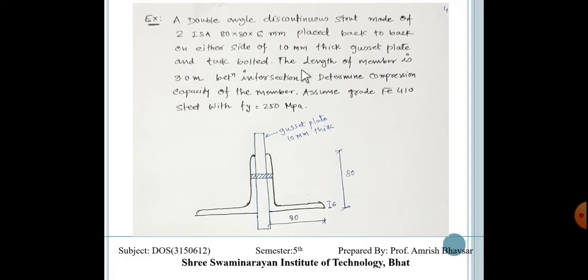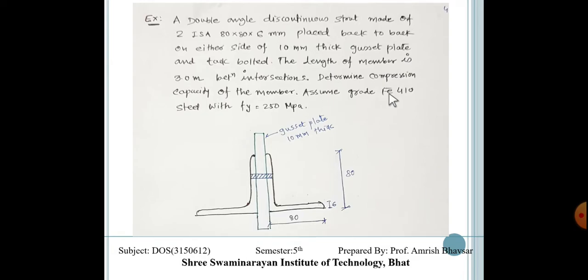As we know, the length of the member is 3 meter between intersections, meaning the total length at the joint is 3 meter. Determine the compressive capacity of this member. हमें इसके लिए compressive strength find करनी है, ये कितना compressive force ले सकेगा.